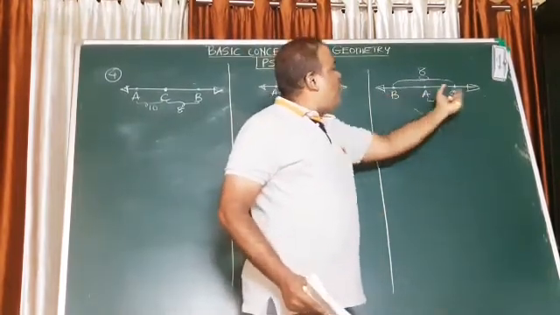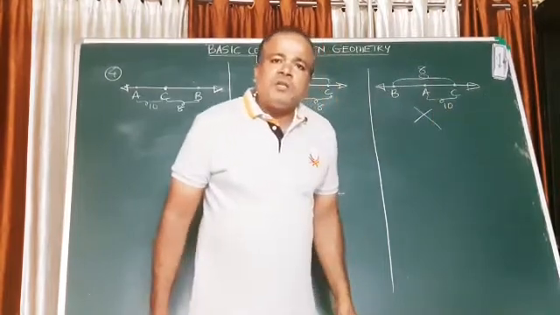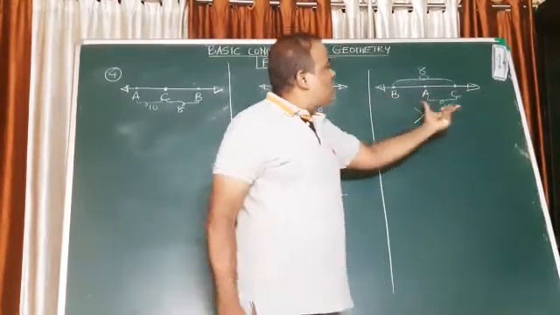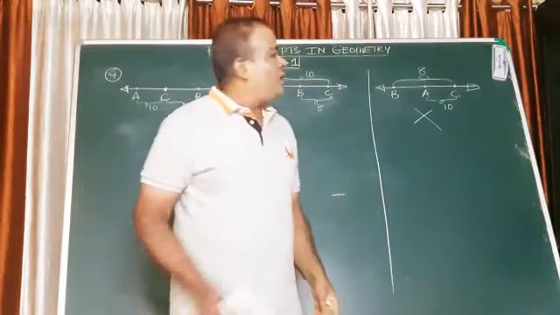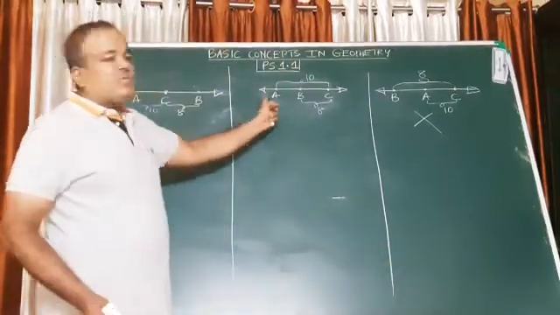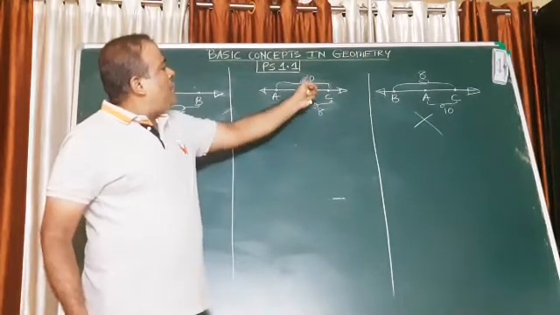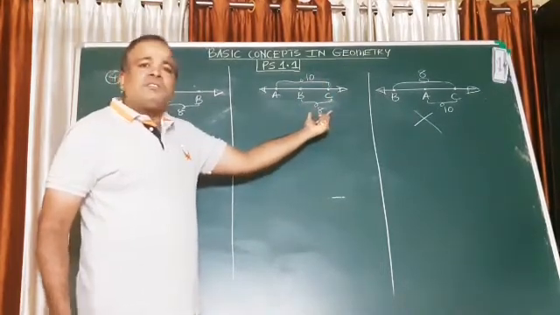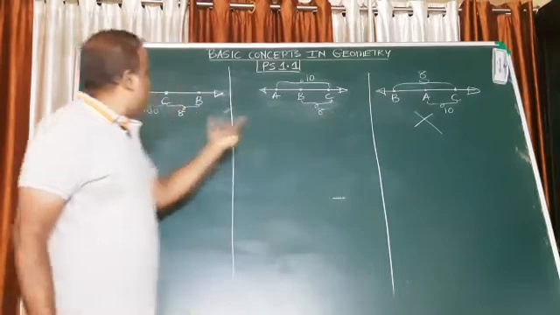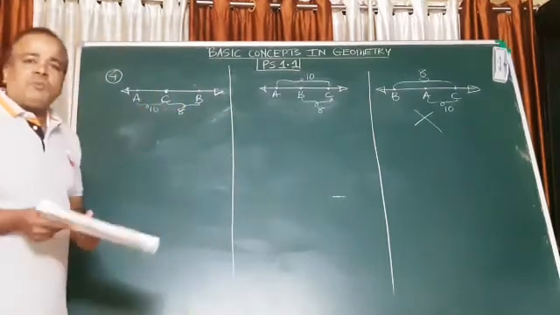Can a smaller distance comprise a bigger distance? Not possible. So what about here? This possibility is there. Yes, A and C is 10 and the smaller distance is inside it. Here also 10 and 8, this possibility is there.